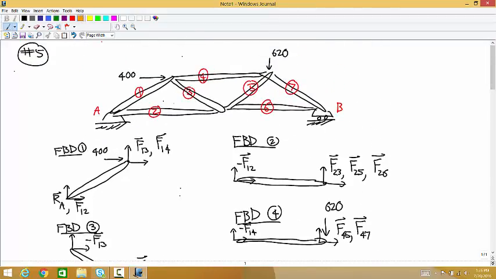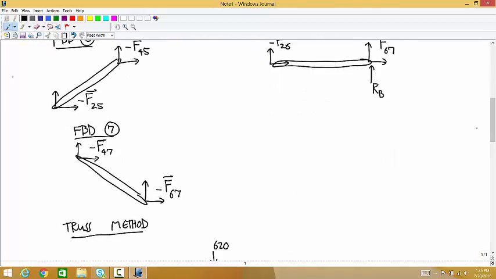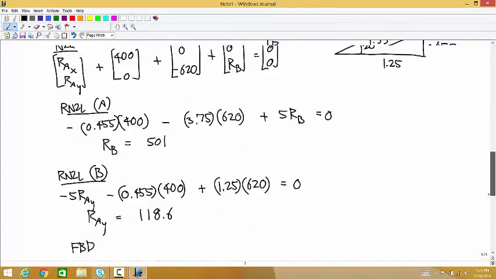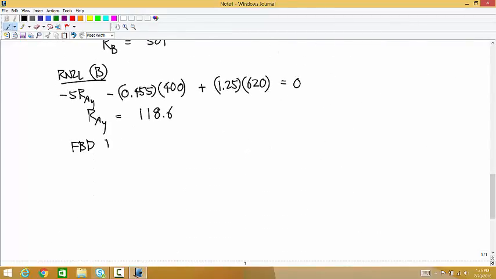so let me, I call that A and that B. Let's call this C, D, E. So then a free body diagram of D would look like this.